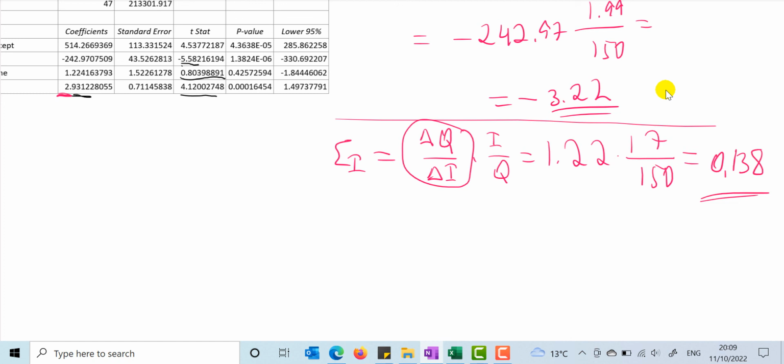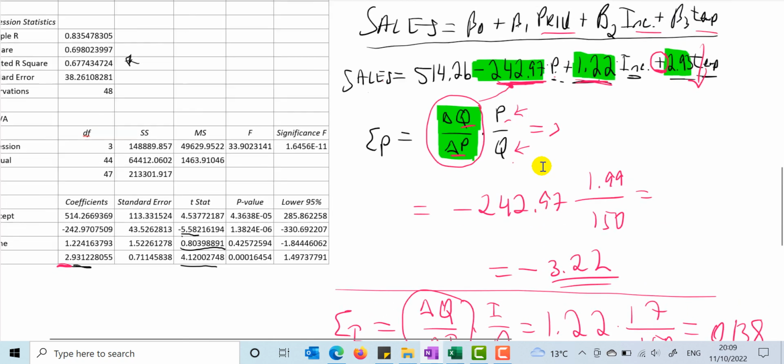Plus, this is a normal good because the income elasticity of demand is positive, in this case 0.138. So when income increases by 1%, the quantity demanded increases by 0.138%, or 0.14%. That's the interpretation, holding everything else constant. I forgot to mention that, and it's important, so we have to add that.